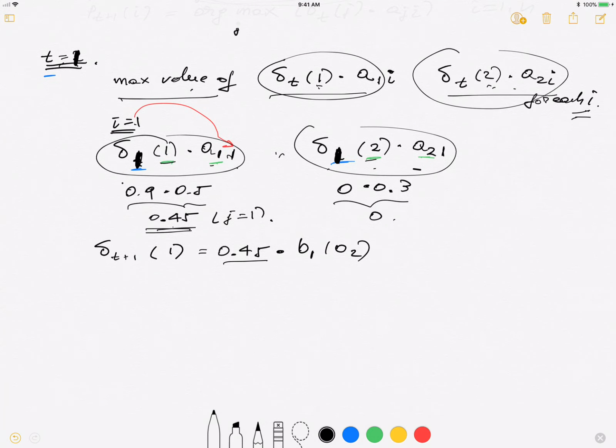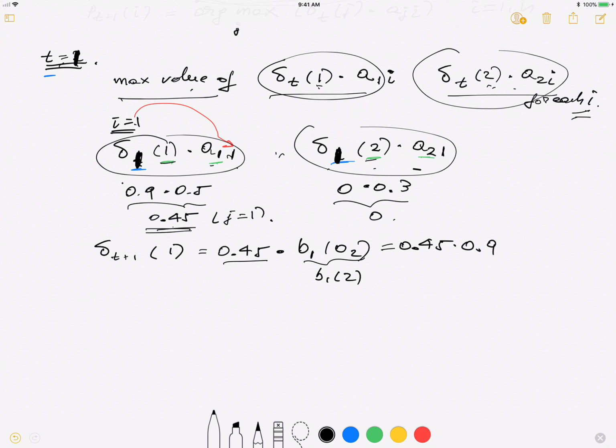So the whole result is 0.45 times 0.9. And I will let you calculate that, which I will also try to do with my calculator.